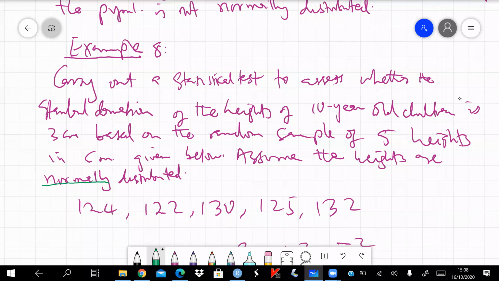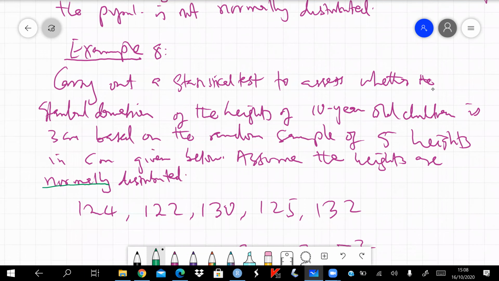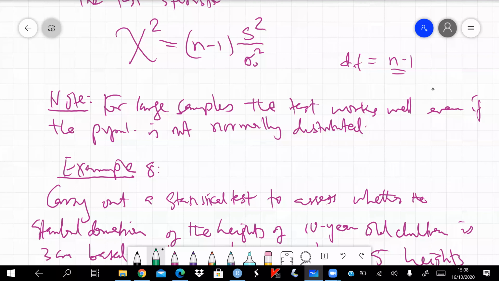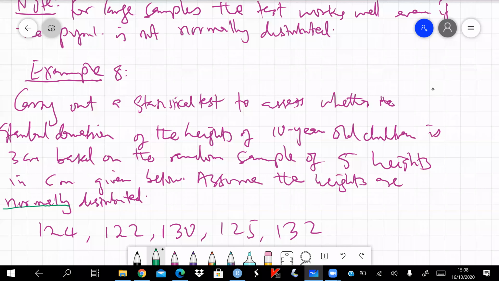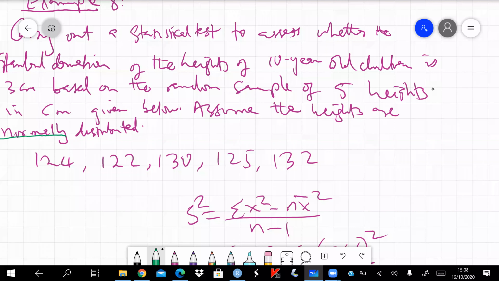Okay. So remember, we need to test this hypothesis. And the test statistic will be given by that. So for us to obtain the calculated statistic, we need the value of s squared, which is the sample variance. And the sample variance can be obtained using this formula here.